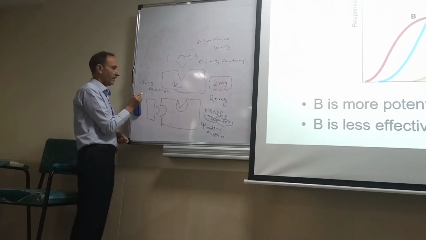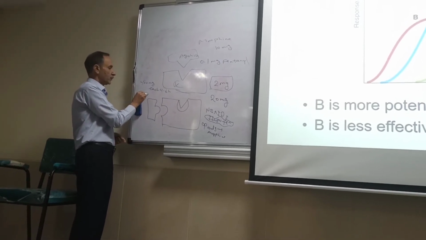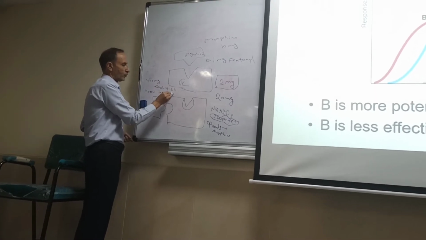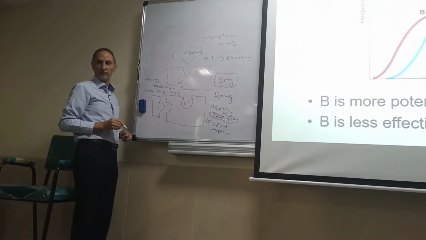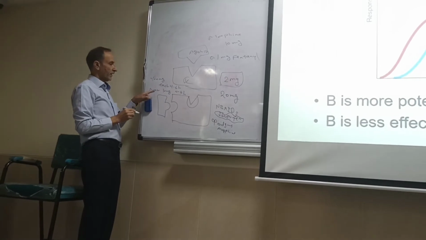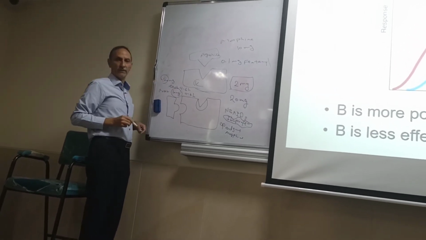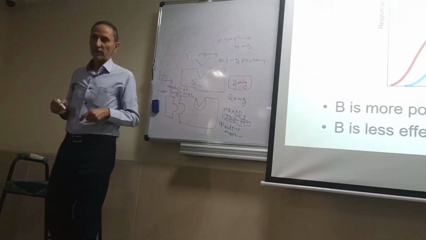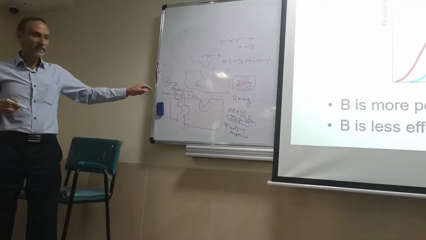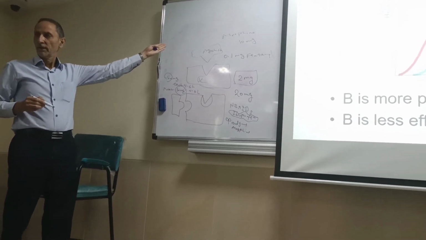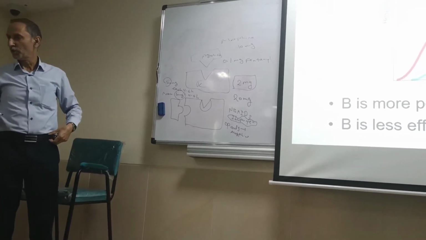But morphine is used 10 milligram each 4 to 6 hours. You see here 10 milligram, and here we have 400 milligram. Potency of morphine is higher. Efficacy is also higher.